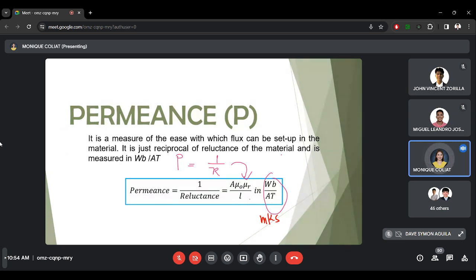If the reluctance is L over mu O mu R A, the permeance will be mu O mu R A over L. The unit is Weber per ampere turn, literally inverted.